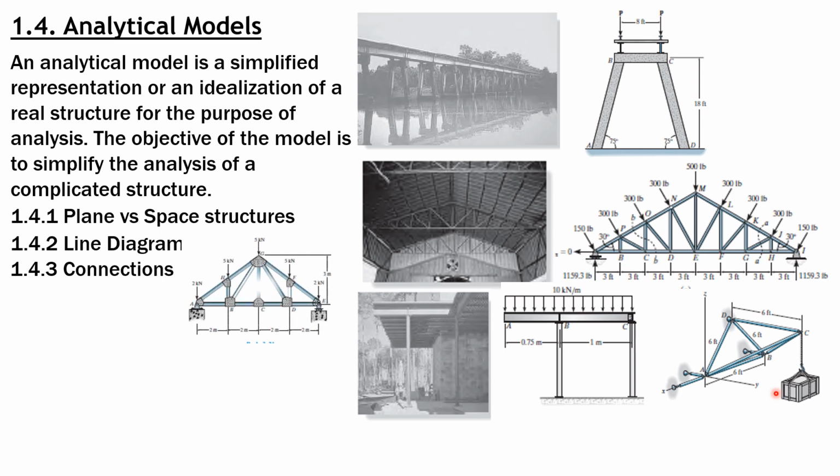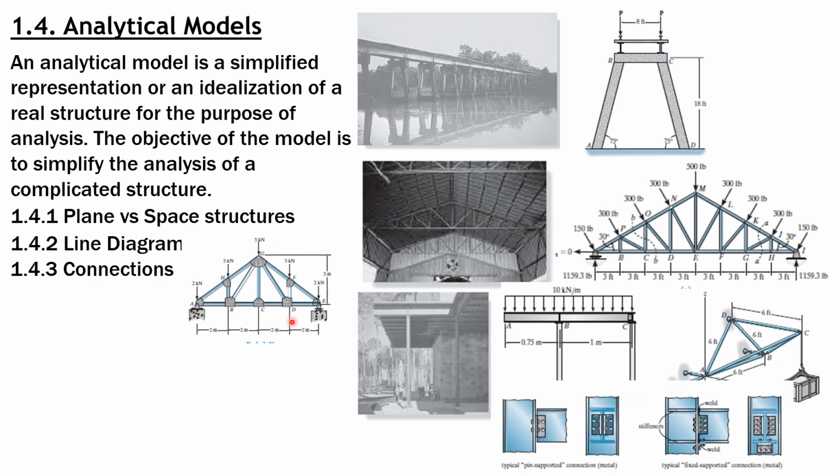Connections, whether the connection should be considered a pin or roller, where there is one reaction. So we have here typical pin supported construction. So these are considered pins that can resist horizontal and vertical movements. And this one, because the bolts are massive plus the weld, is considered a fixed supported connection.